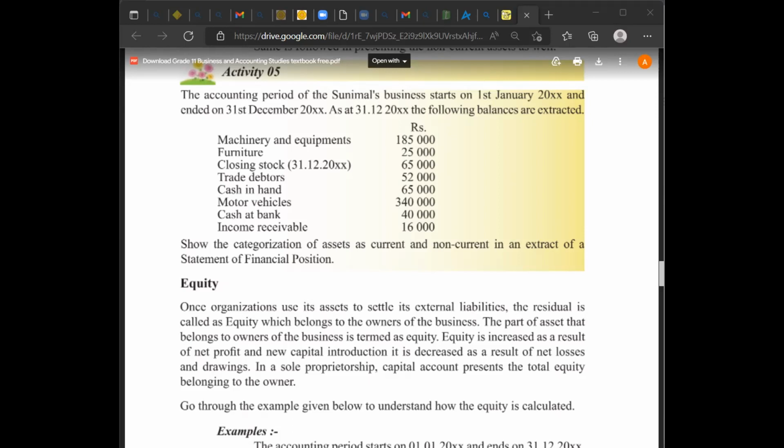Done? Okay. So machinery, furniture, motor vehicle will come under non-current assets.